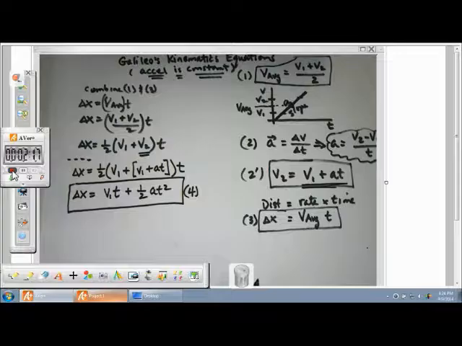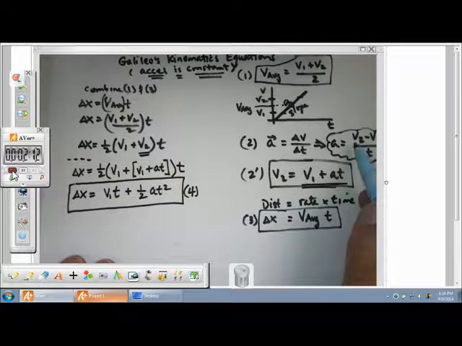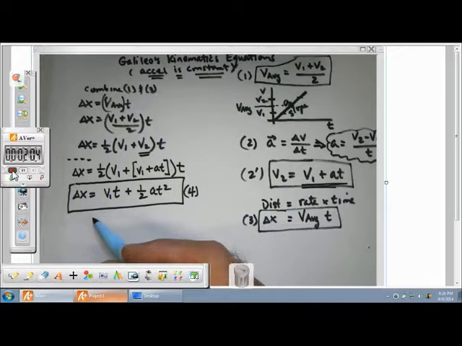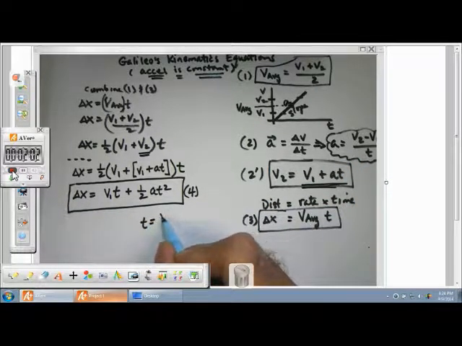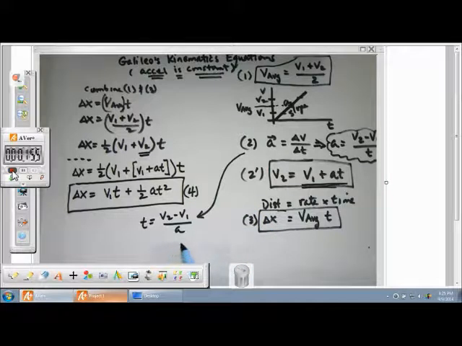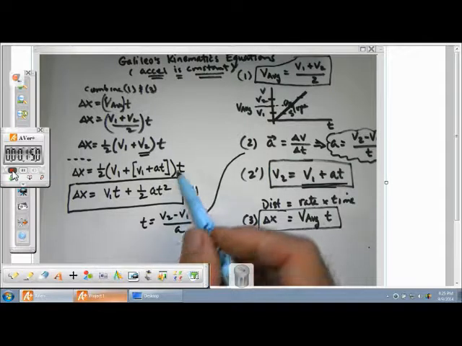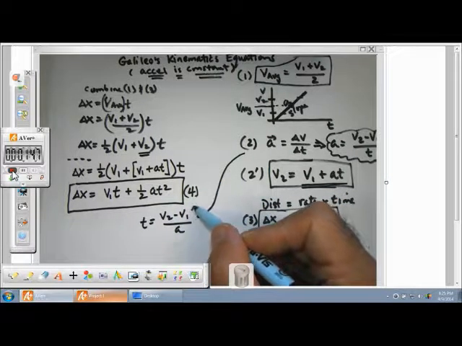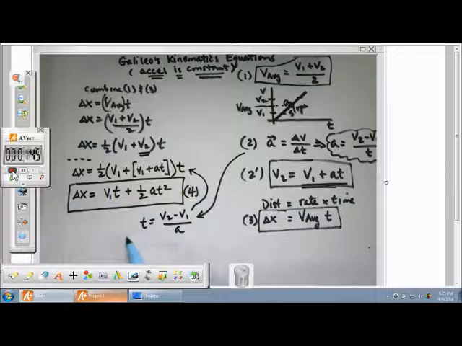Last but not least, if we take equation 2, which is basically the definition of acceleration, and solve for t, we can get t equals v2 minus v1 over a. That's simply from equation 2 rearranged, and we can substitute that in for t right here. So what do we get?